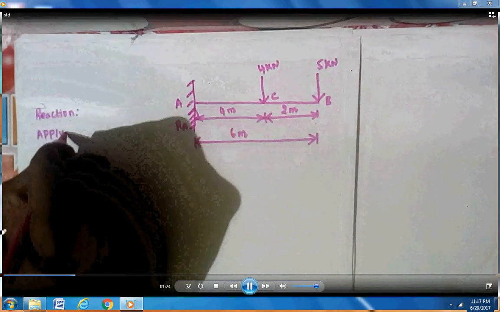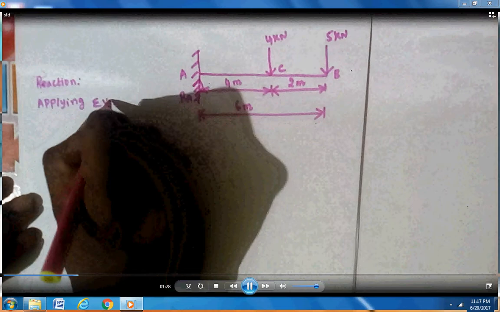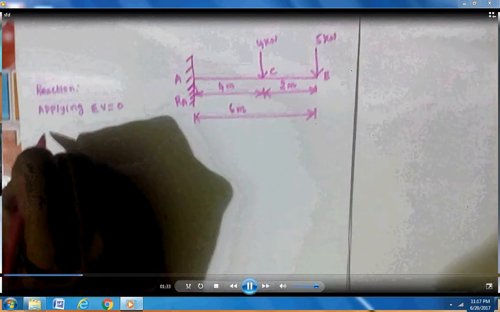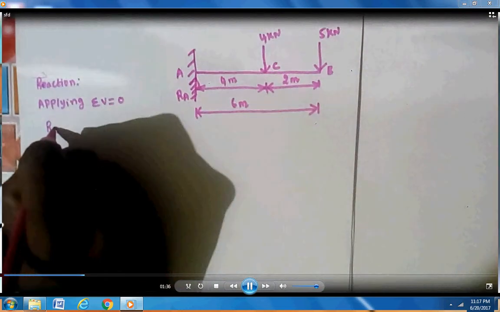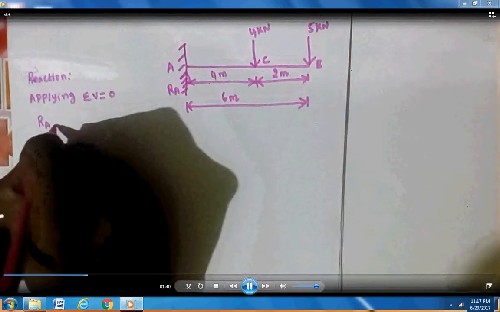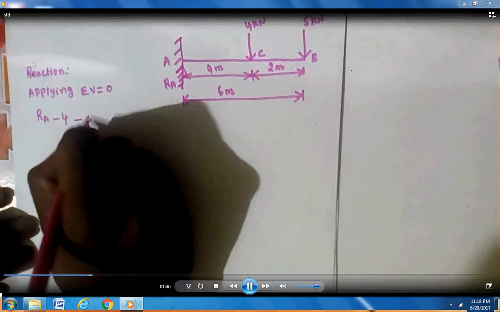Applying summation of vertical force equal to 0. Upward means put plus sign. Here RA is upward, so plus sign, and there are 2 point loads: one is 4, downward, so minus sign, and another is downward load 5, so minus 5, equal to 0.